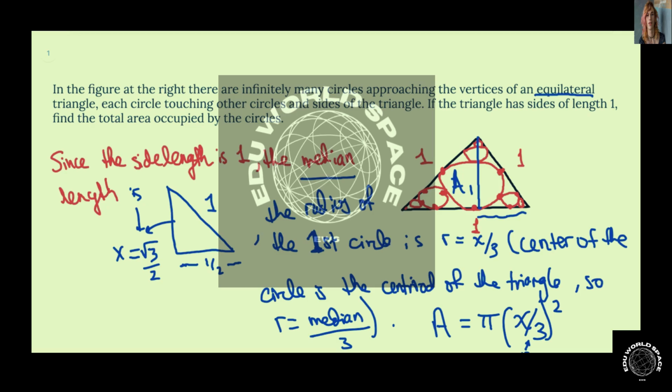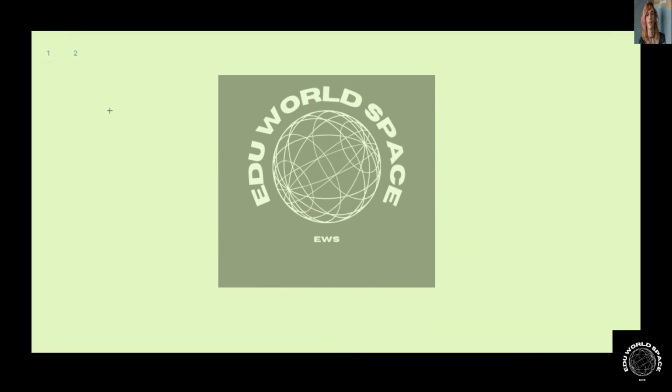So let's go on to the next page. Before we go to the total sum, notice that the radii of the next 3 identical circles will just be x/9.